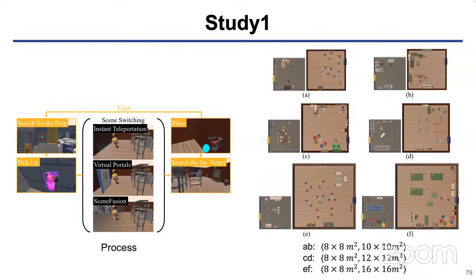So this is a trial of the searching and placing task. The users have to repeat this task using each of the techniques: the instant teleportation, the virtual portals, and the scene fusion. And we conducted the user studies in room sizes of 8 by 8 and 16 by 16 meters.